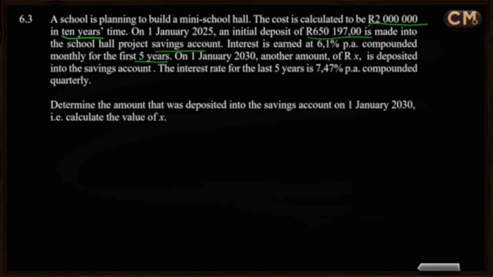On 1 January 2030, another amount of some amount, X rand, is deposited into the savings account. The interest for the last 5 years is 7.47% per annum compounded quarterly.